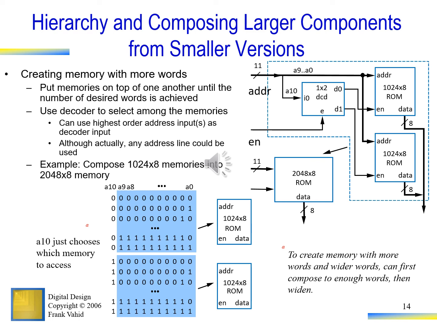The most significant address bit will be given to the decoder, and the least significant 10 address bits will go to the 1024 ROMs, the ones shown in the figure. So the decoder outputs D0 and D1 enable one of the ROMs at a time. So when we give an address whose most significant bit is 1, the lower ROM is enabled and the upper one is disabled. In this way we can also join small ROMs to make a bigger sized ROM.